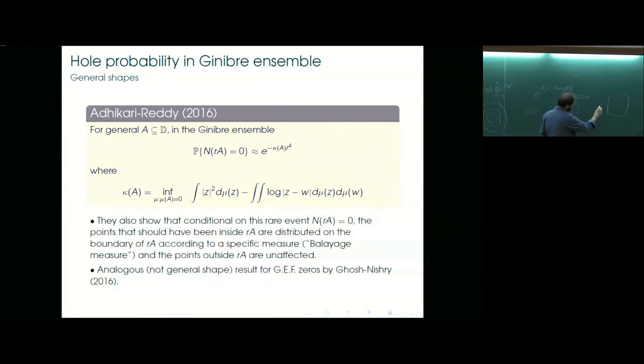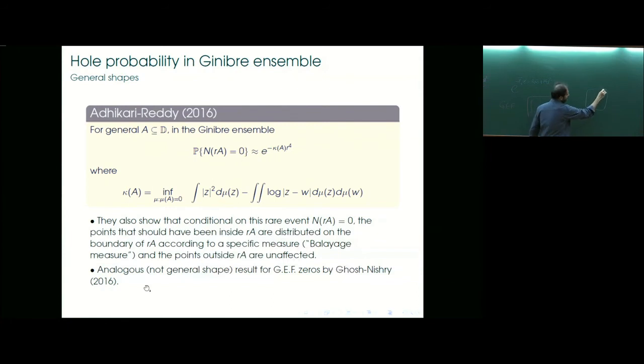According to the result, all the zeros that should have been there sit on the boundary, according to some measure, not uniform. It is a measure called the balayage measure, but the points outside are completely unaffected. They look like the original ensemble, but the points inside just have to go and arrange themselves on the boundary in a particular way. So this is how it will look when you condition on this large deviation event.